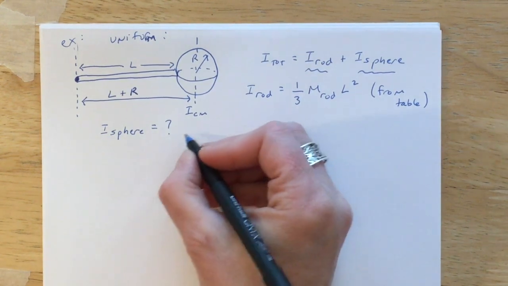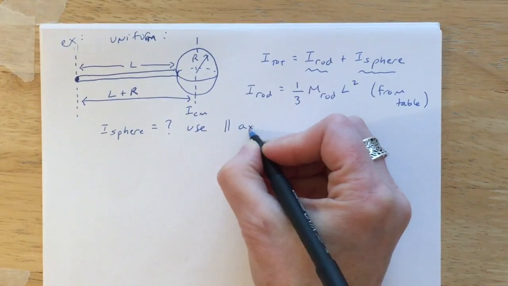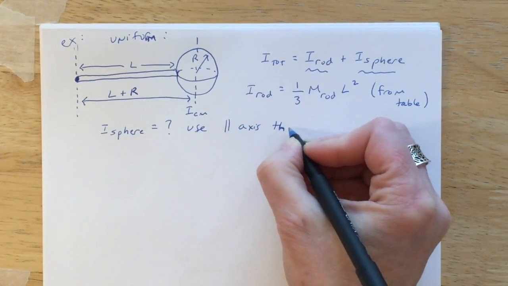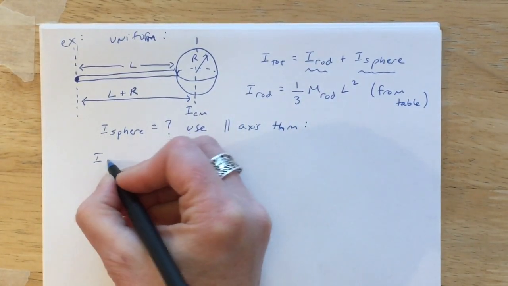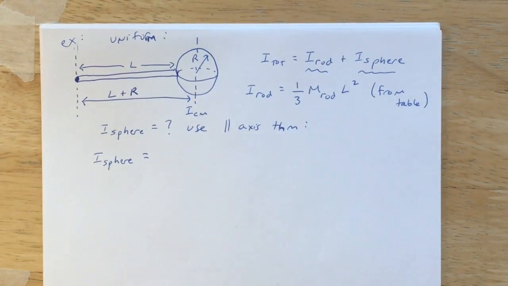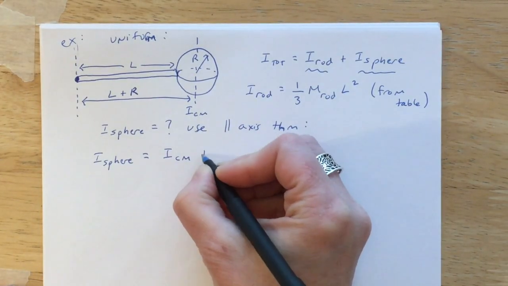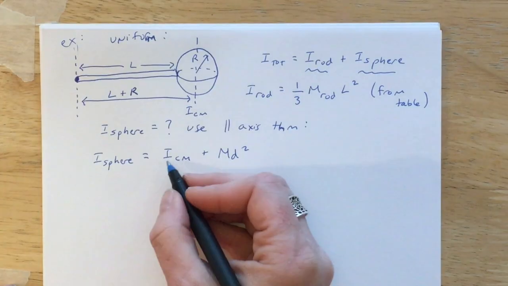So for I sphere, we can use the parallel axis theorem. And we can write that I sphere, if we look back at the parallel axis theorem that we wrote down previously, is going to be equal to I_CM plus M d squared.